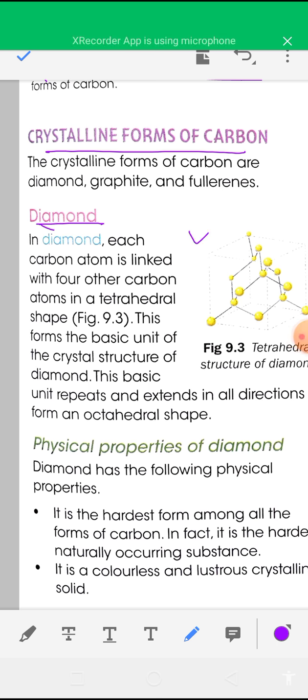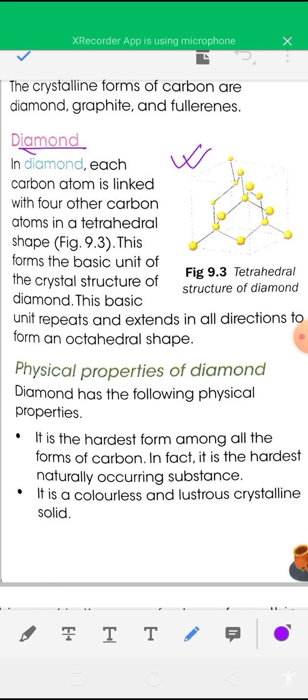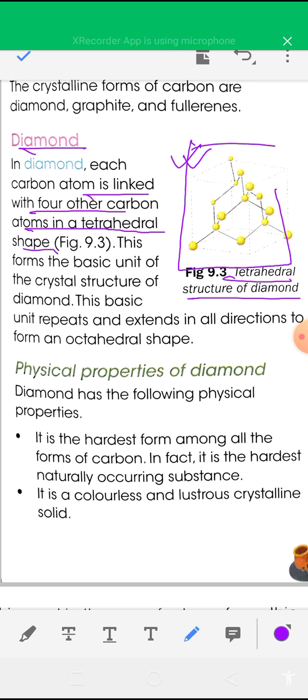The structure of diamond is given here. You can see the tetrahedral structure of diamond. The arrangement of carbon in diamond is tetrahedral. In diamond, each carbon atom is linked with four other carbon atoms in a tetrahedral shape, shown in Figure 9.3.